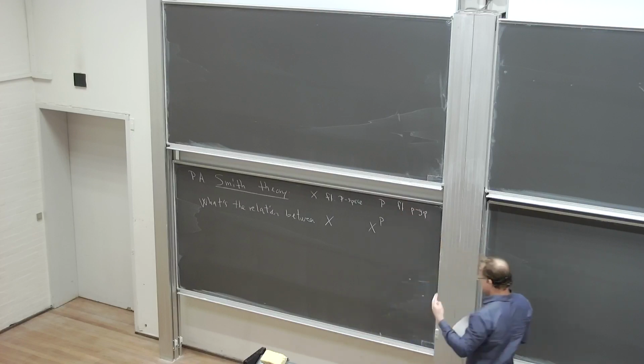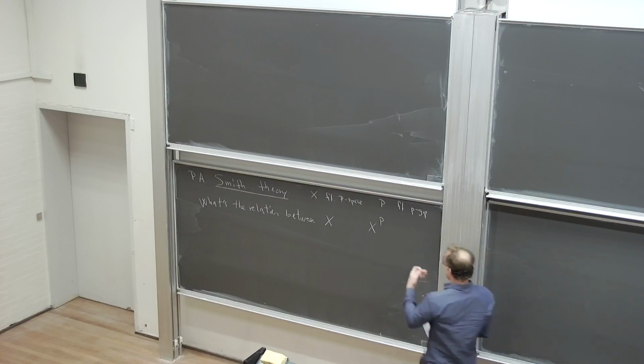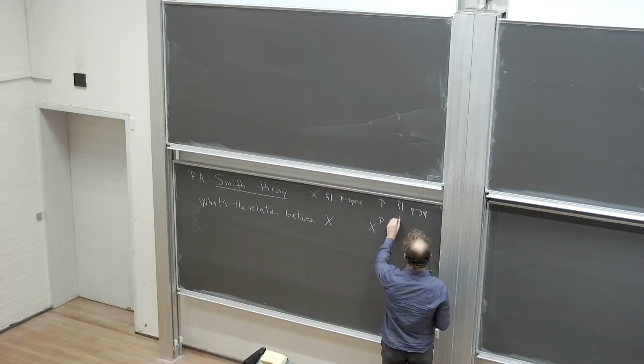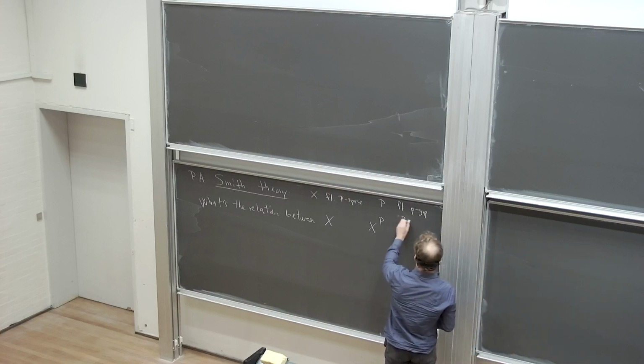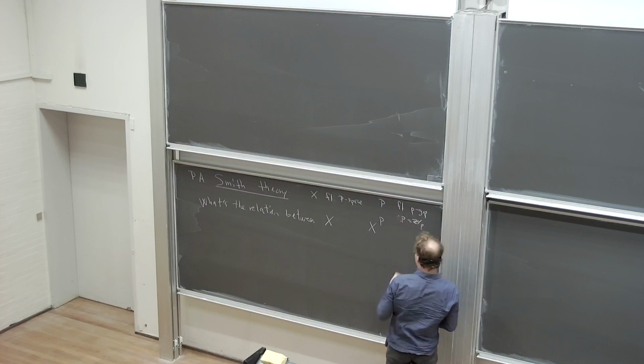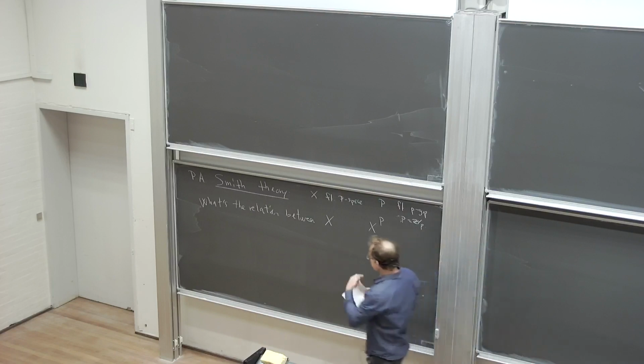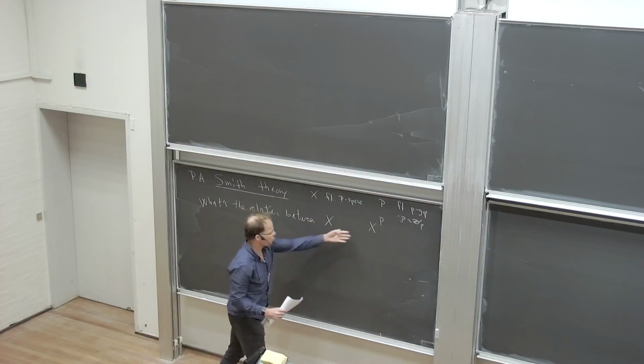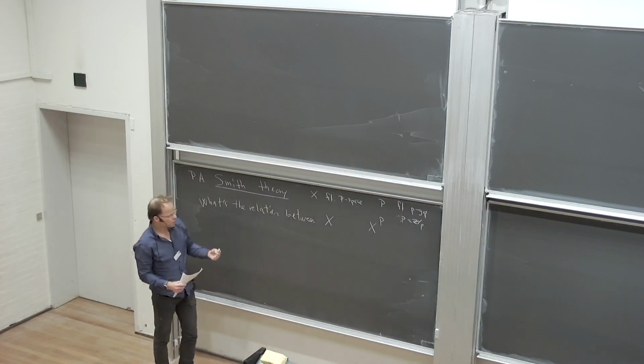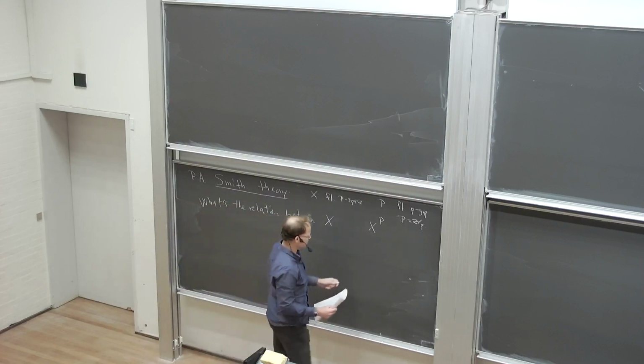Most of these theorems, by some sort of induction, we can reduce to the case where P is just Z modulo P, but of course not always. So that is what we basically want to study, this sort of relation.